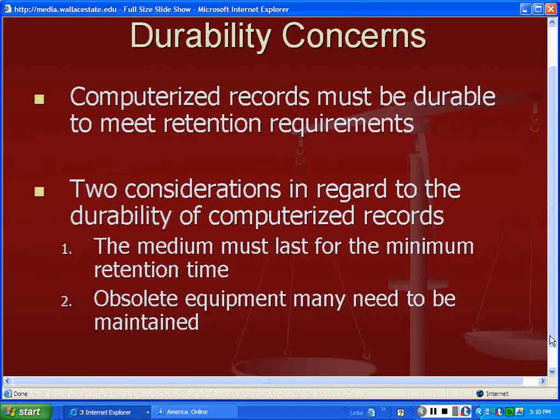So it could be on an optical disc. And so we have to make sure we know that that optical disc is going to last for a certain amount of time. And obsolete equipment may need to be maintained. And so we may have an old system that we have to maintain because it holds our patient data that we are supposed to retain for a certain number of years.